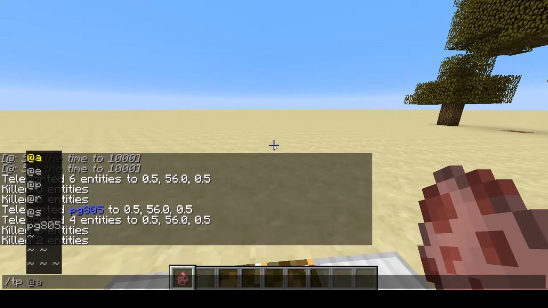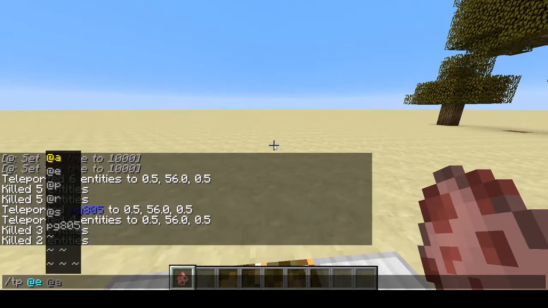If I want to teleport every single entity, it's going to bring up all your target selectors again, or your coordinates, because the second argument can be either a location or destination, essentially. So if you want the destination to be an entity, then it has target selectors to teleport all these entities to one person, or you can just do it to a specific location.